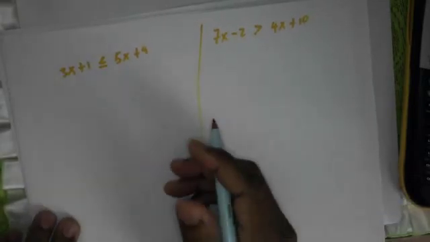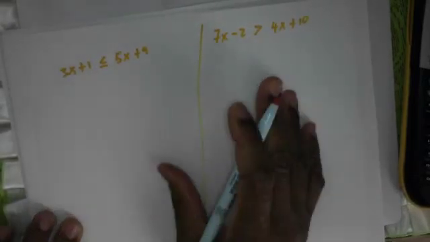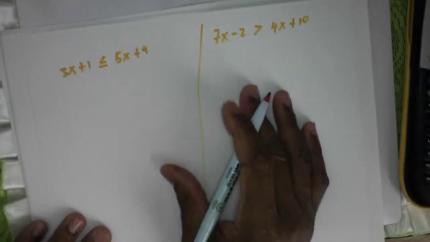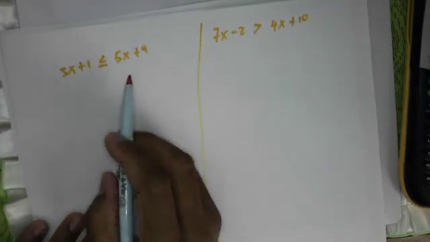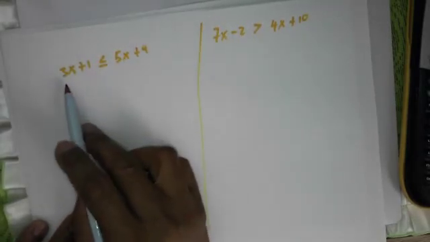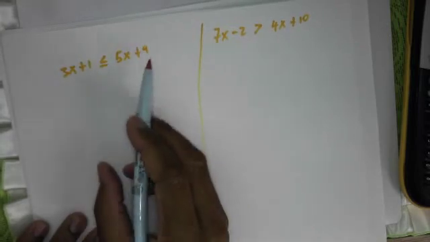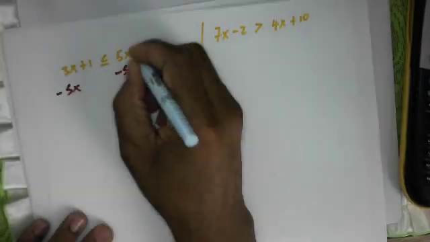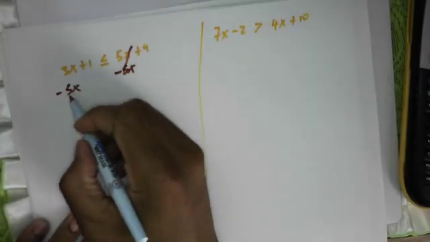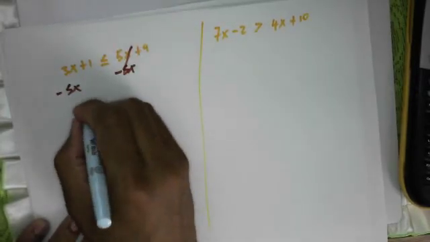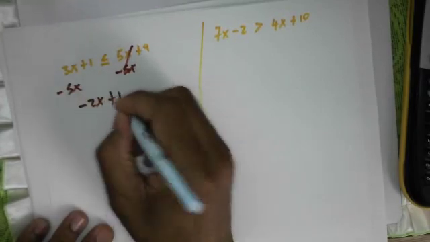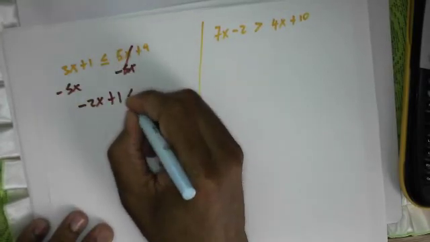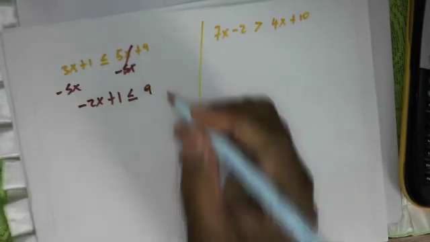This one has a little bit more steps, but it's the same procedure. Usually when you're solving an inequality, you want your variable to be on the left side and your constant to be on the right. So I go ahead and subtract 5x from both sides, and that cancels. 3x minus 5x will give us negative 2x plus 1, because we did not use the 1, is less than or equal to 9.